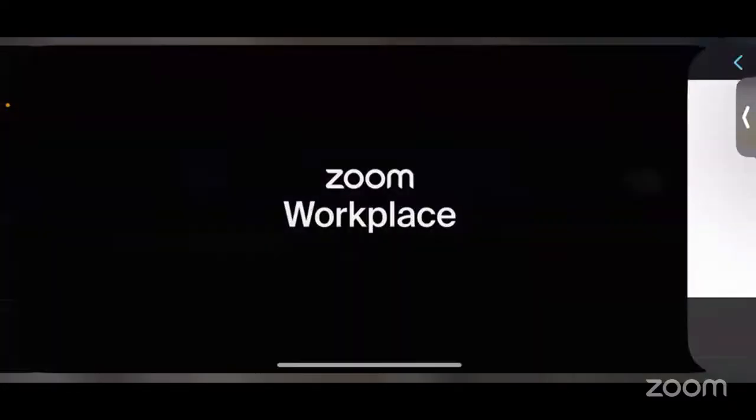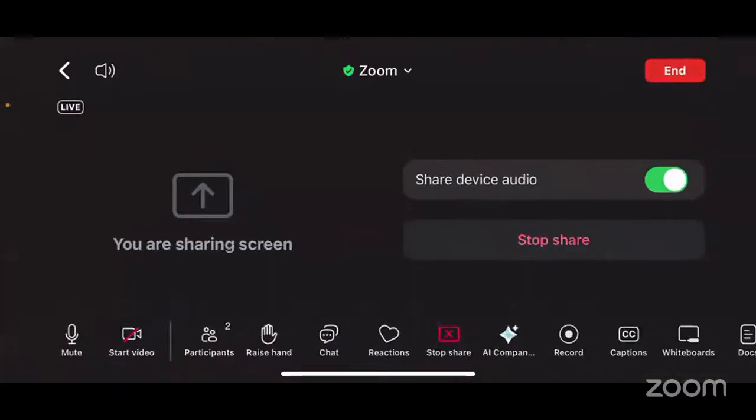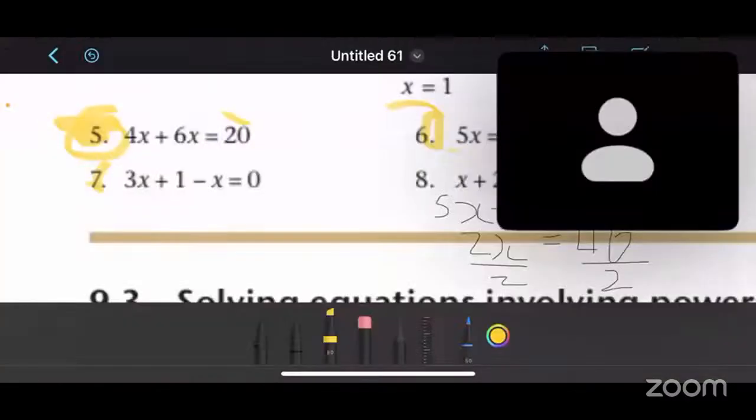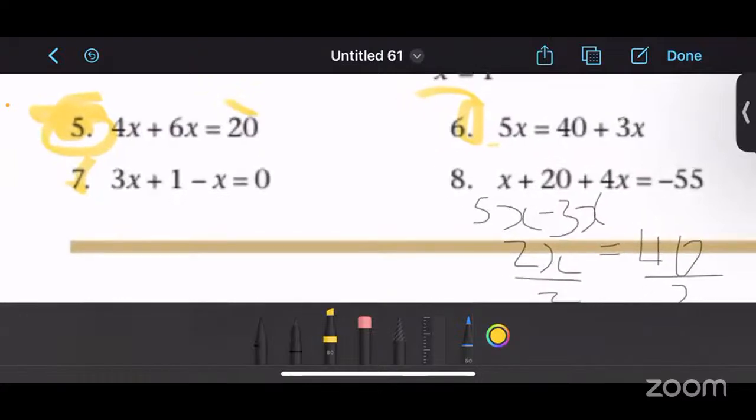You are going to change the negative x to a positive x, and you're going to say x plus 3x, which equals 4x. Why are we changing the x to positive x?